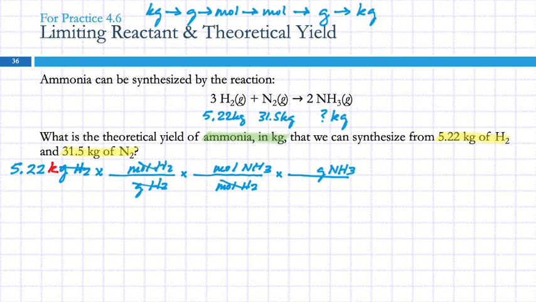Moles H2. Moles NH3. The mole ratio I need, 3 moles of hydrogen, and 2 moles of ammonia. That comes from this one right here. I need the molar mass of hydrogen, 2 times 1.008, 2.016.